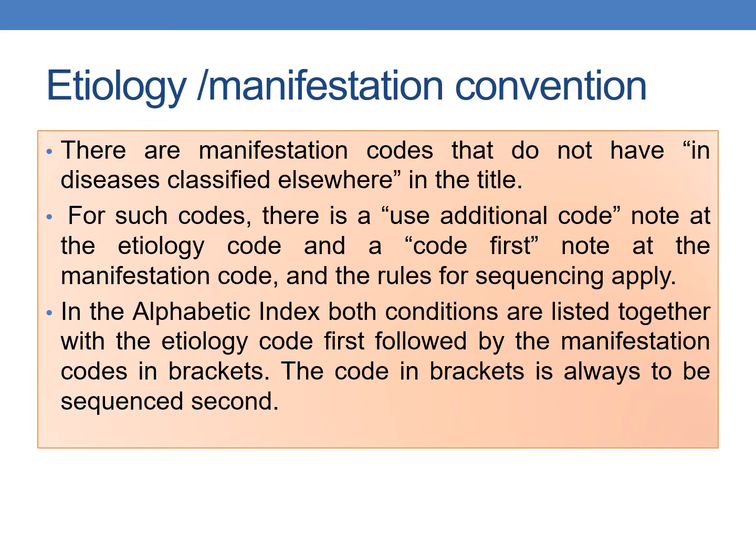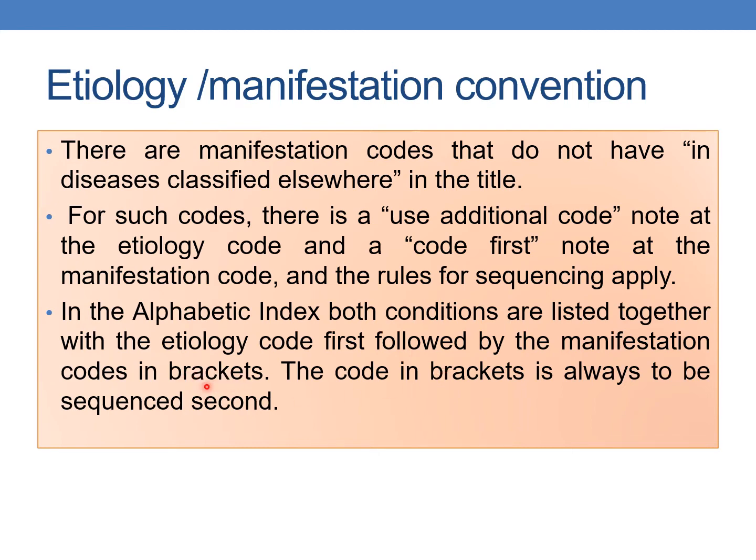Etiology manifestation convention. There are manifestation codes that do not have "in diseases classified elsewhere" in their title. For such codes, there is a use additional code note at the etiology code and a code first note at the manifestation code, and the rules for sequencing apply. In the alphabetic index, both conditions are listed together with the etiology code first followed by the manifestation code in brackets.